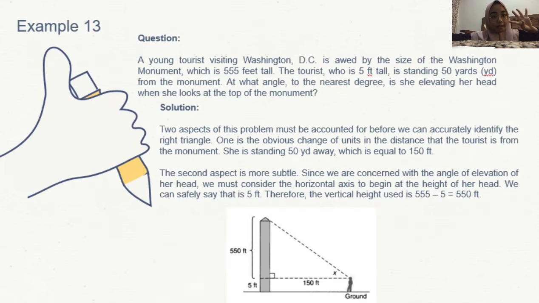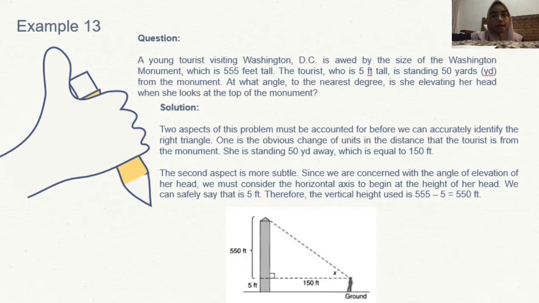Chapter 4, example 13. A young tourist visiting Washington, D.C. is awed by the size of the Washington Monument, which is 555 feet tall. The tourist, who is 5 feet tall, is standing 50 yards from the monument.